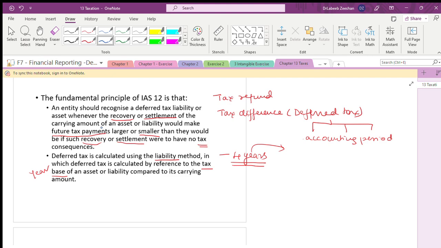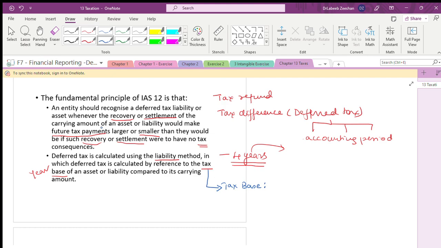When we are talking about deferred tax, it is a liability method. We have to pay, which is deferred, by calculating the tax base. We are discussing something about the tax base.